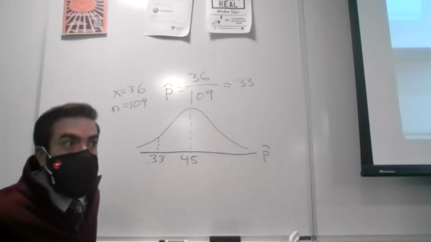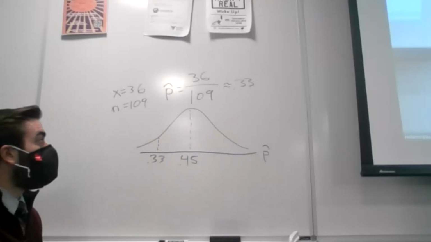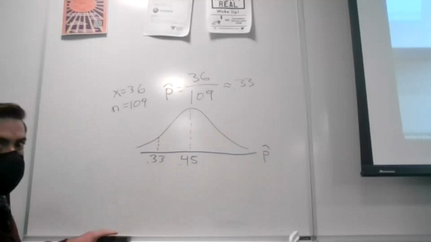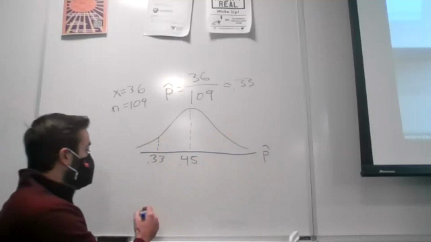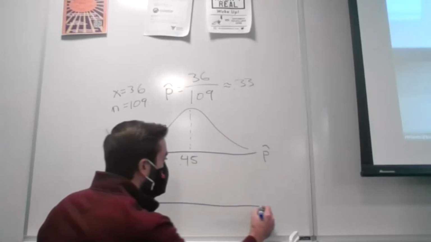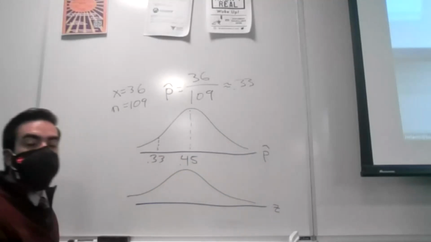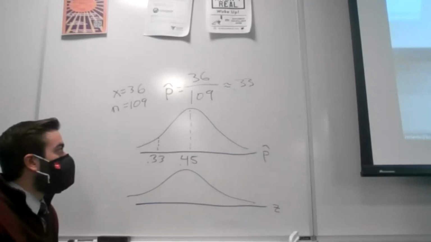We could use the critical value or the p-value approach. Let's do the p-value approach first, and then we'll talk about the critical value approach. So I have a normal distribution, but that doesn't help me if I want to use the tables, right?